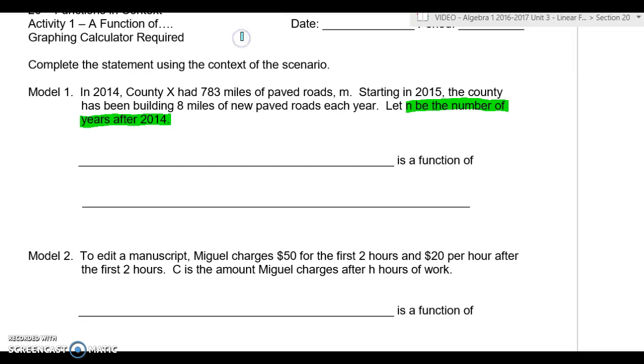The output in this case is the miles of paved road. So essentially what we're looking at is we want to know which of the two affects the other. In most of the cases, we'll have a pretty clear distinction. That quantity that affects the other is our input, and the quantity that's being affected is our output.